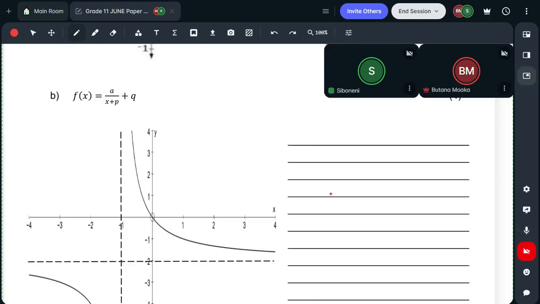Look at the next question. This is a hyperbola function, okay? Since this is a hyperbola function, you know what you're going to do.